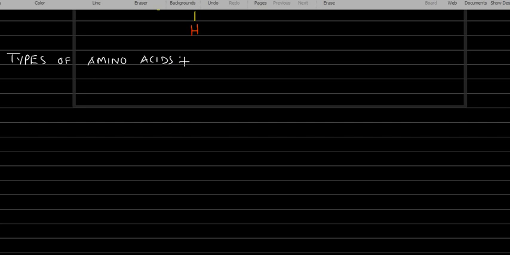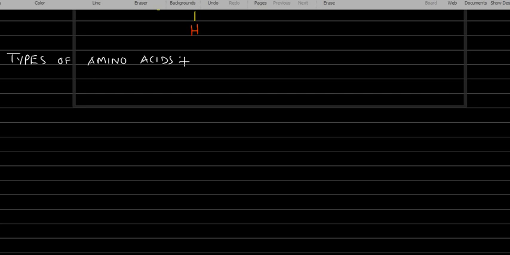Amino acids can be grouped as per their variable group, and they can also be grouped as per their solubility, and they can also be classified as per their diet requirement. I mean, the way the human body gets them into their biological system.